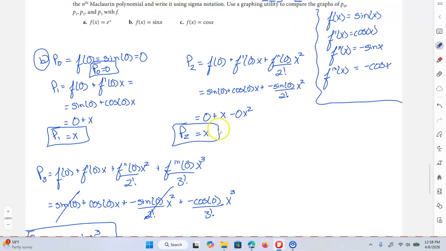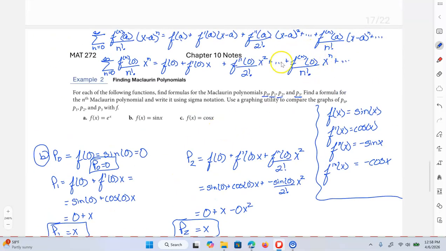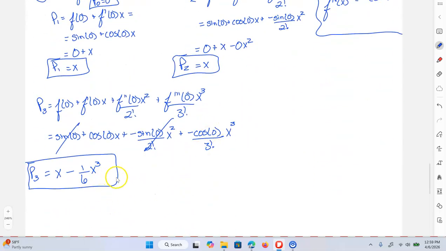And sine of 0 is 0, which means I'm not going to have a coefficient in front of that x to the fourth. I'm going to have 0 times x to the fourth, which would just give me this term back. So let's do that just so you can see what's happening here.